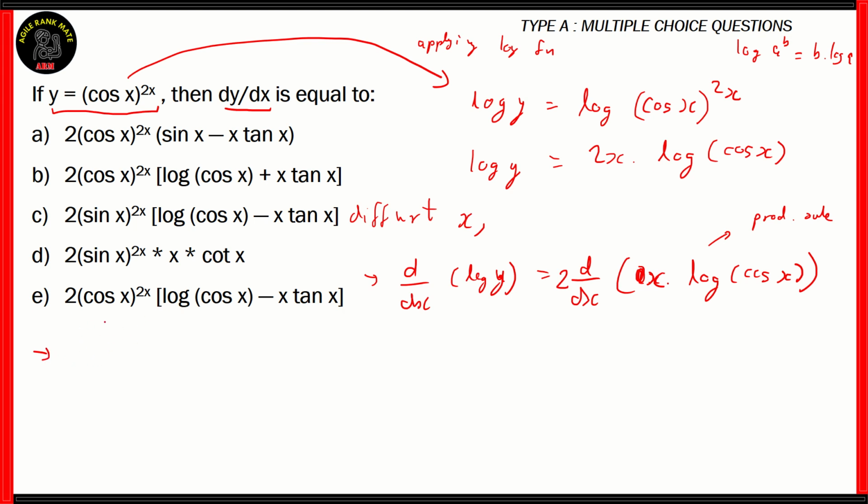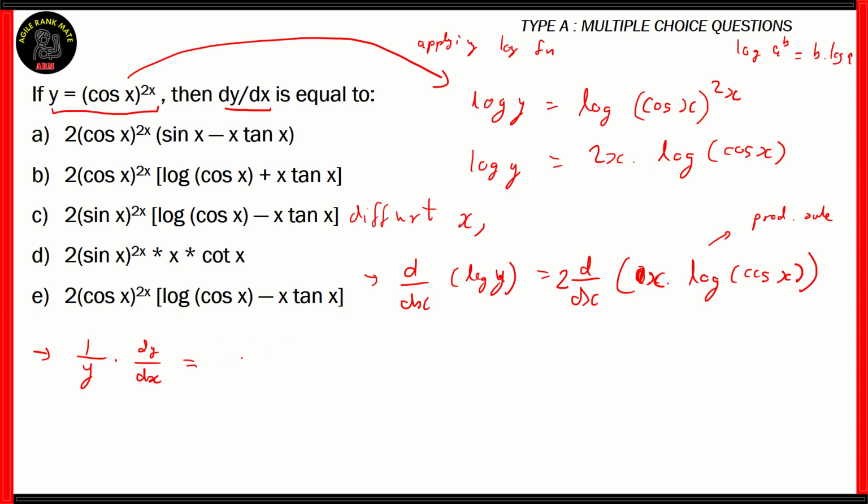Now, since d by dx of log x is 1 by x, we can use the same theory and write 1 by y times dy by dx. If this was log x, we could have just written 1 by x and been done with it. But since this is a function of y, we have to write 1 by y times dy by dx. So that's the left hand side.